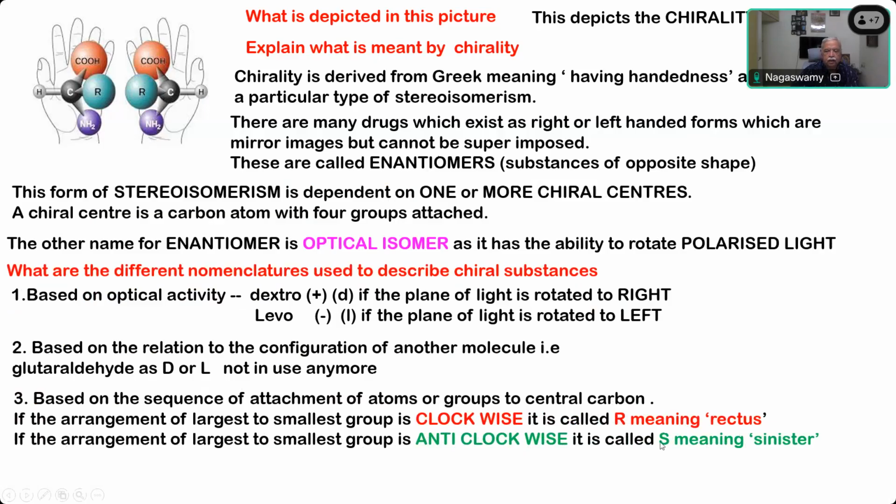If both these R and S are present in the same molecule, what is it called? For example, ketamine, if it contains both R and S enantiomers, is called a racemic mixture. Any drug containing both the R group and S group is called a racemic mixture.